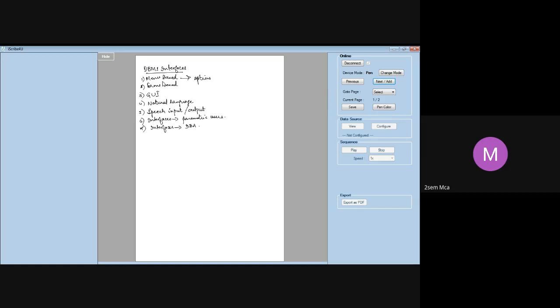I don't need to know the syntax of my query language. How is your query getting framed? You give some options from a menu that is displayed by the system. So using these pull-down menus, depending on what data you are giving, the query is going to get formed.